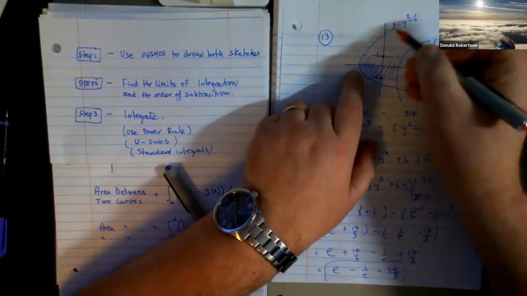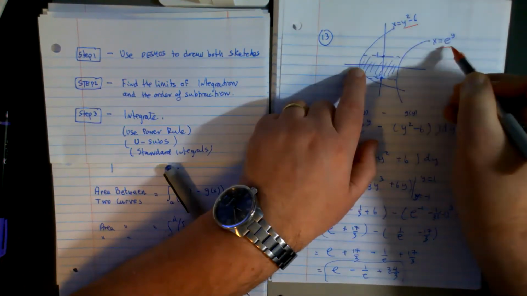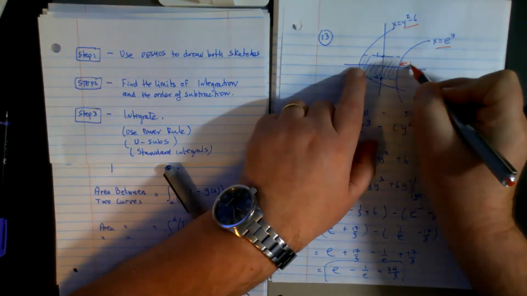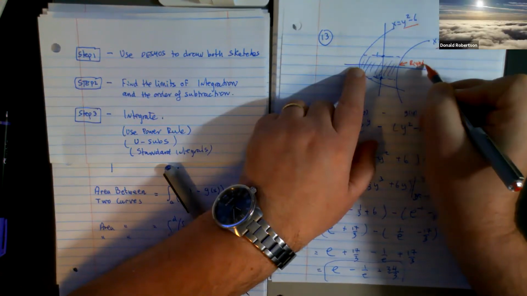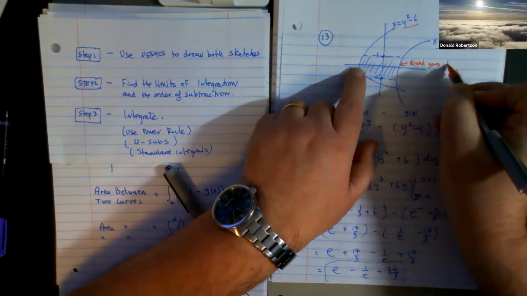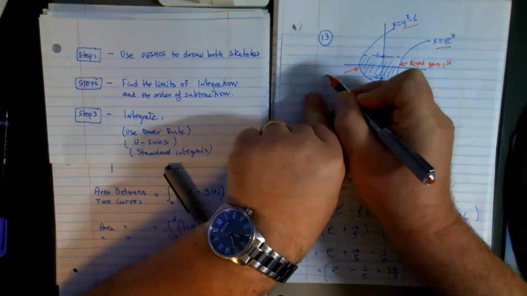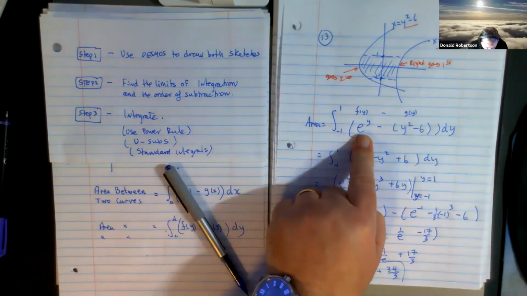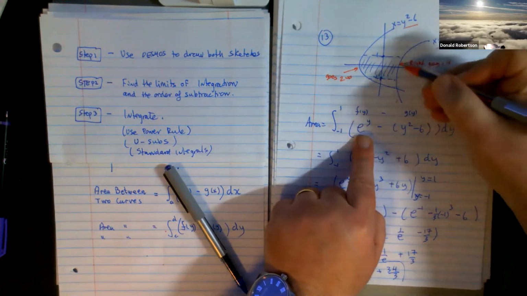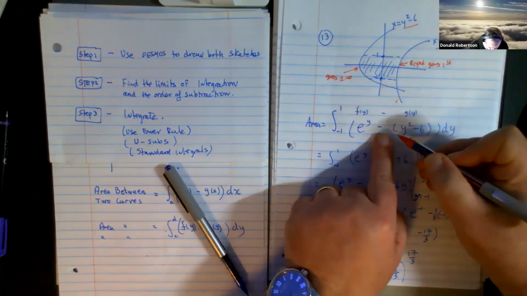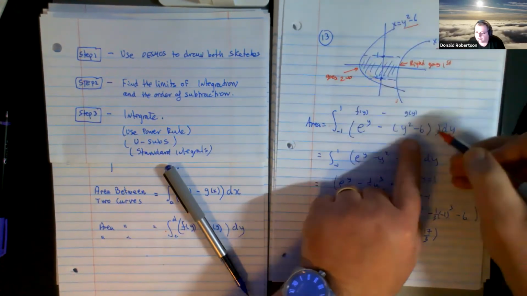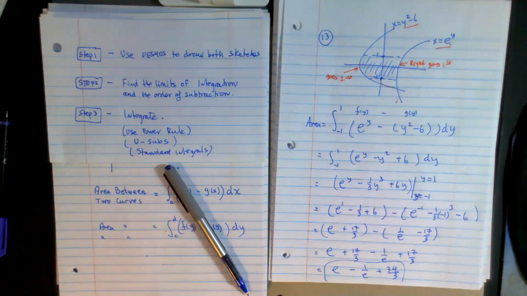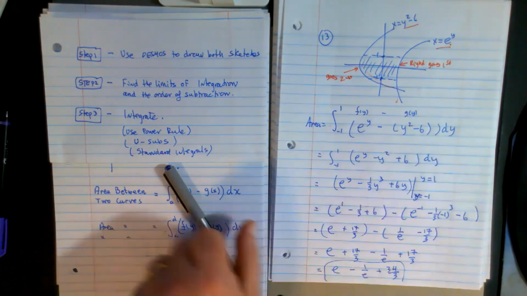If you're doing it in the orientation where the y's are involved, the one that's furthest to the right goes first, and the other one goes second. So e to the y goes first, because that's this curve, it's e to the y. Take away this one, which goes second. So that's how I knew to do e to the y first.